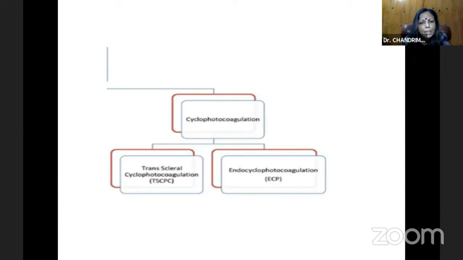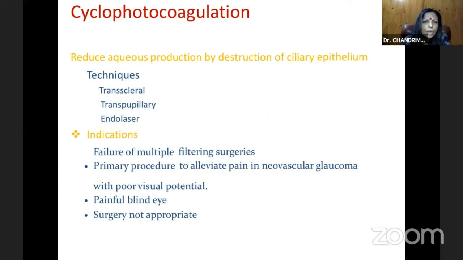So talking a little bit about cytophotocoagulation, we have the transscleral cytophotocoagulation and we have the endocytophotocoagulation. Cytophotocoagulation reduces aqueous production by destruction of the ciliary epithelium, and the techniques are transscleral, transpupillary, and endolaser. Indications I just told you: failure of multiple filtering surgeries and the rest of it.